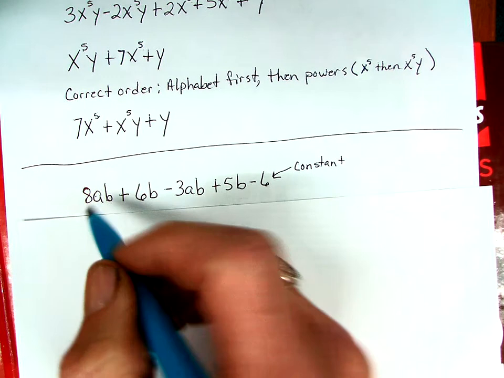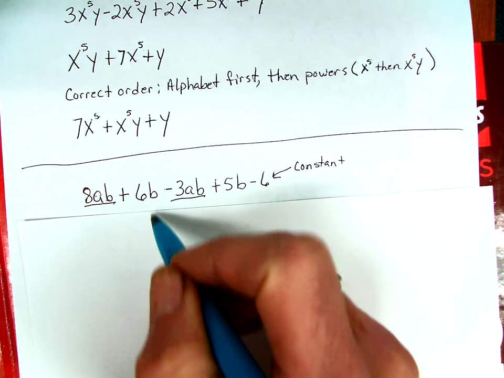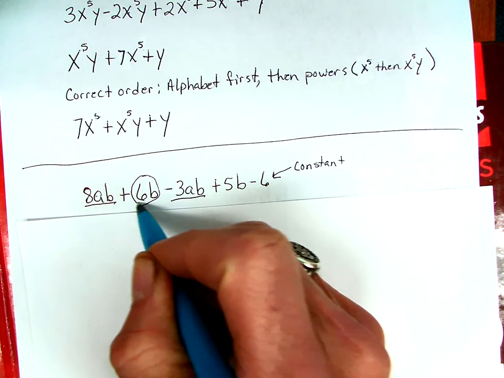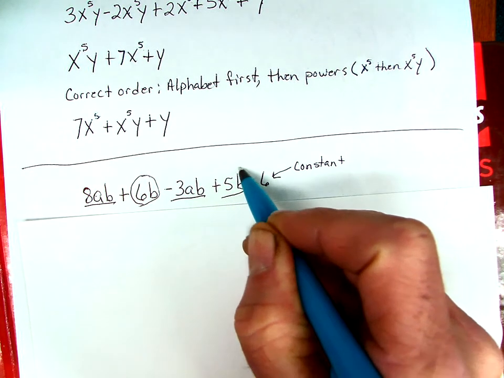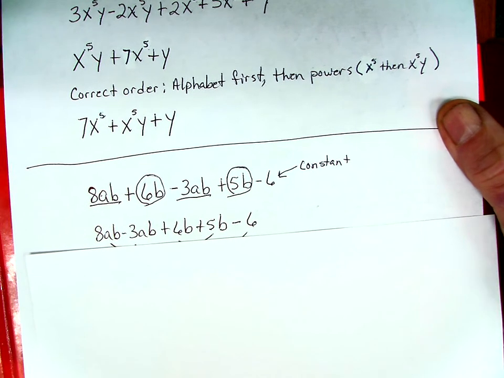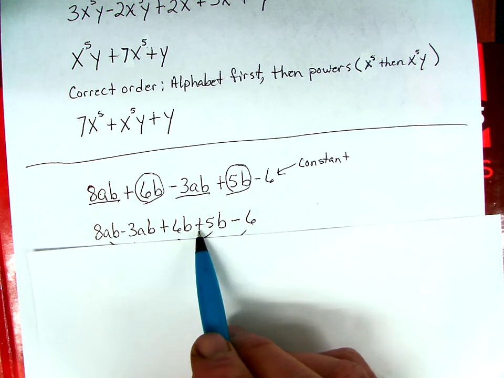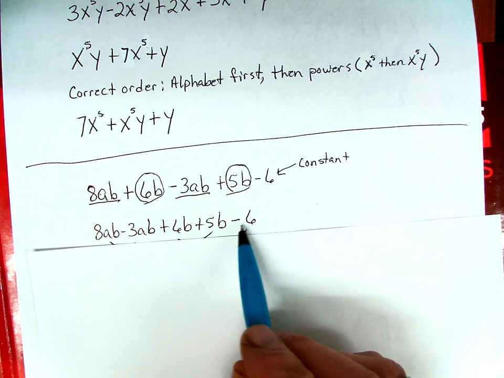All right, so here we go. 8ab minus 3ab. 6b plus 5 more b's. We regroup those: 8ab minus 3ab, 6b plus 5b minus 6.